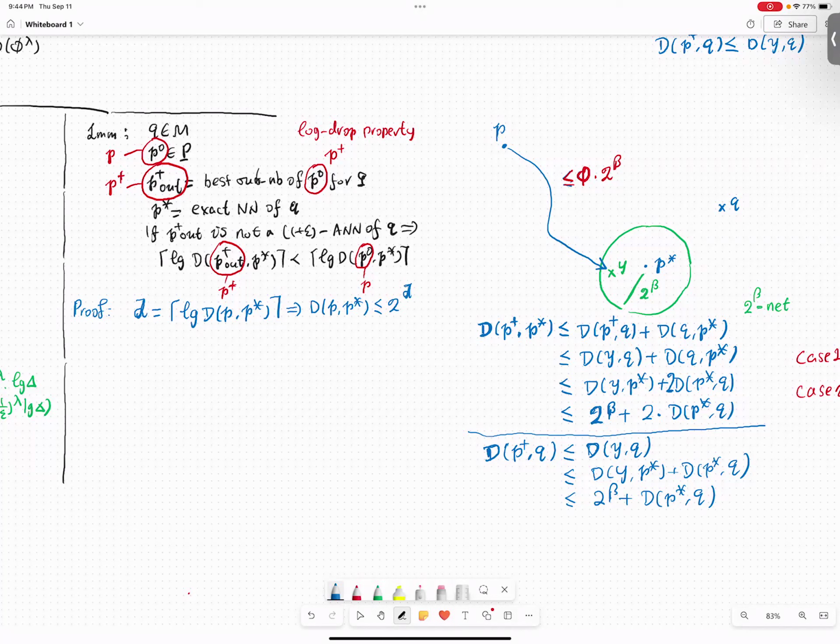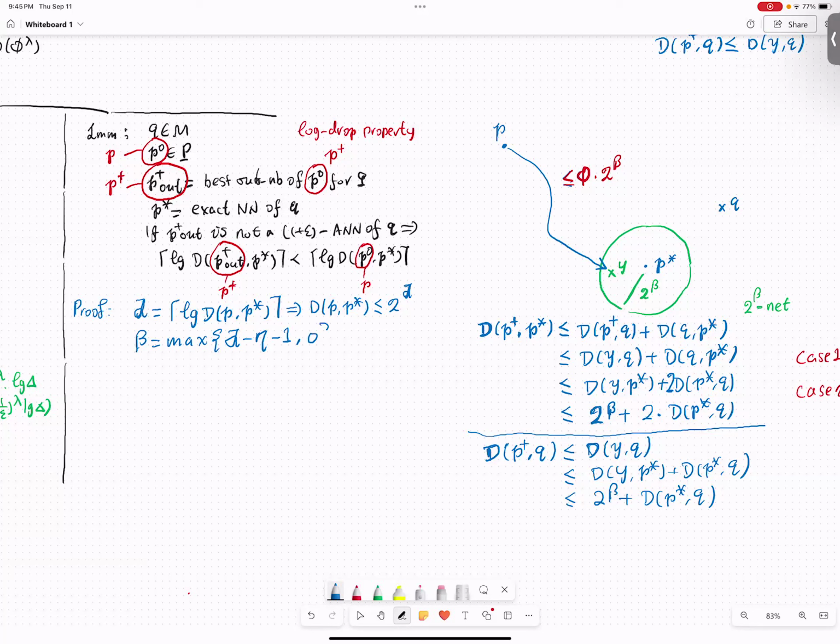Intuitively, if you look at this distance here, P star, it's roughly 2 to the power of alpha up to a factor of 2. So basically this is what it means. Now, formally, if you look at the lecture notes, you need to set the value of beta to be the maximum between 2 terms. Okay, so here.